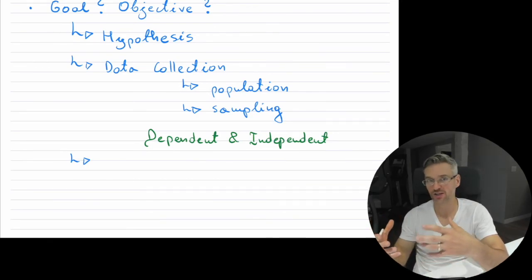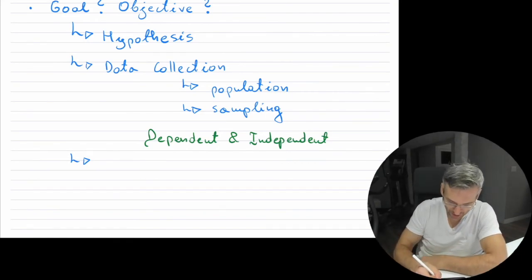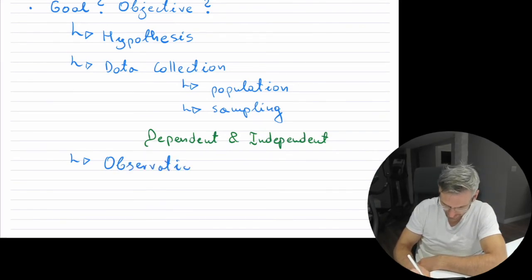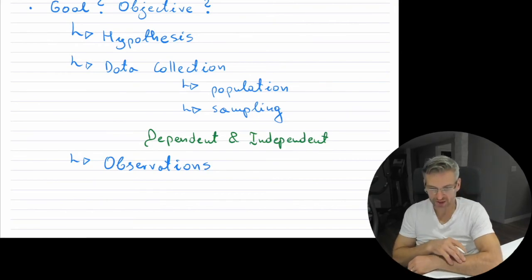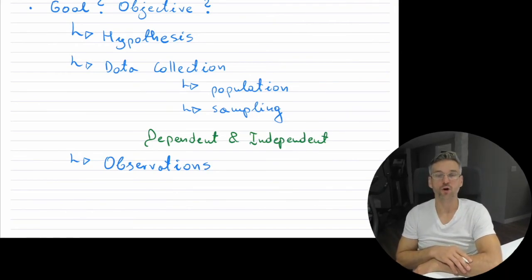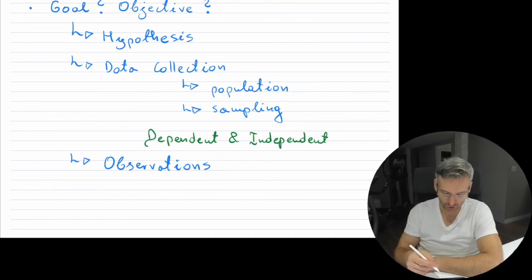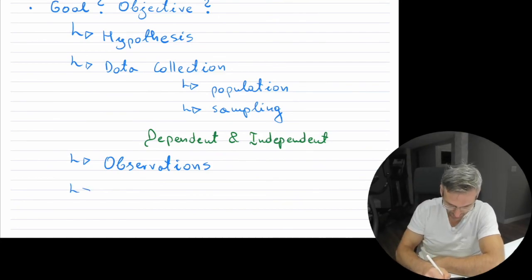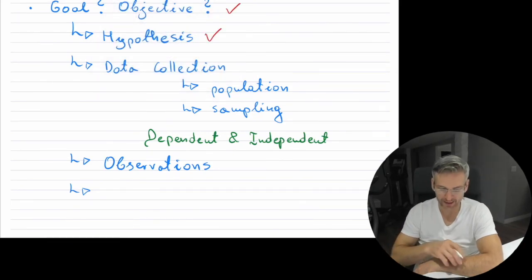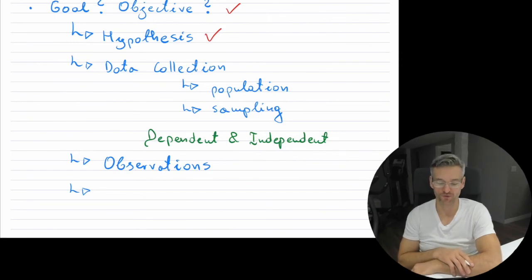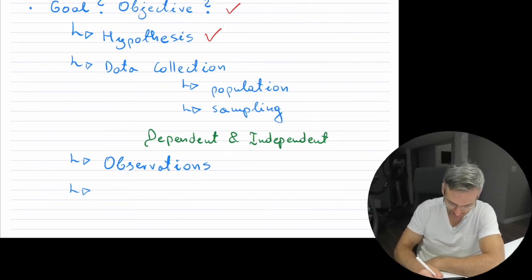Do we have to change anything around? So the next step is observations. Those observations hopefully give us some kind of conclusion that we can base our answer on, and finally answer this hypothesis and hopefully get to our goal or objective of the experiment, why we even started this. So we would have some conclusions.